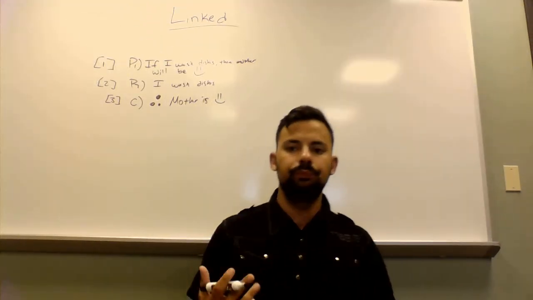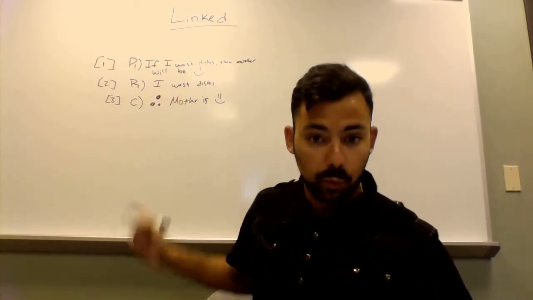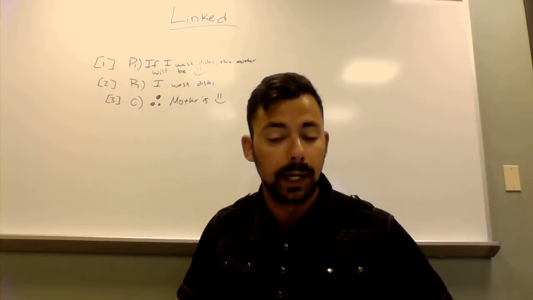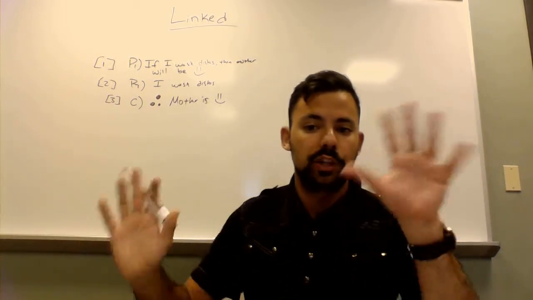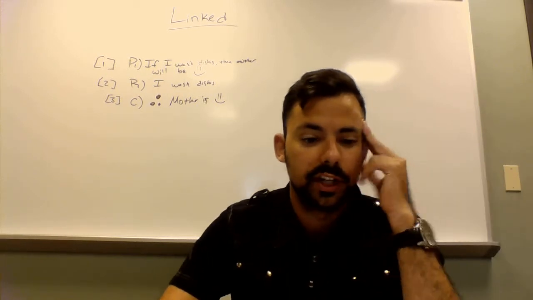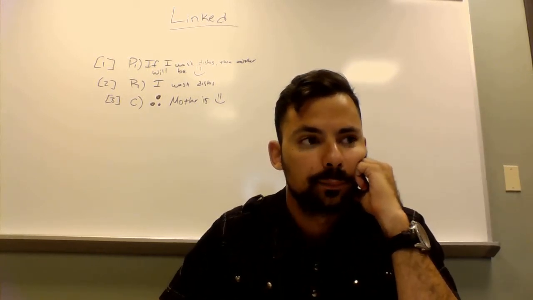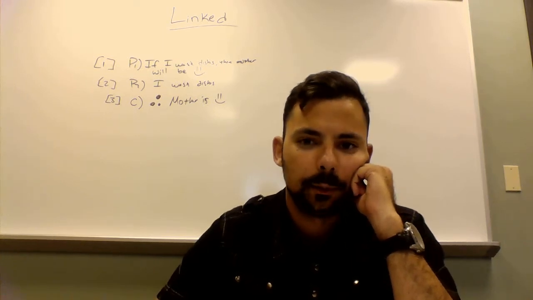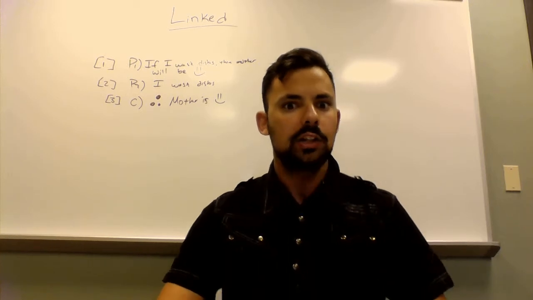So how does this work? Clearly, 1 and 2 work together to support 3, right? Now let's just say I gave you just premise 1 and the conclusion. So I just said, if I wash the dishes, my mother will be happy, therefore my mother will be happy. Well, something's missing there, right? You can't necessarily get that connection unless you know whether or not I actually washed the dishes.